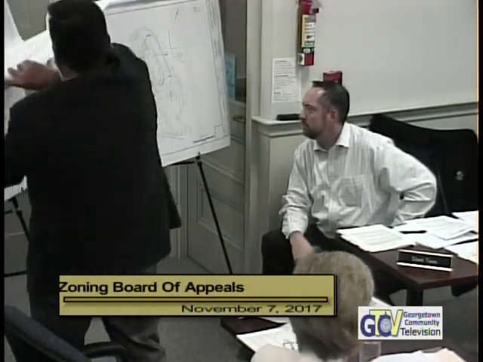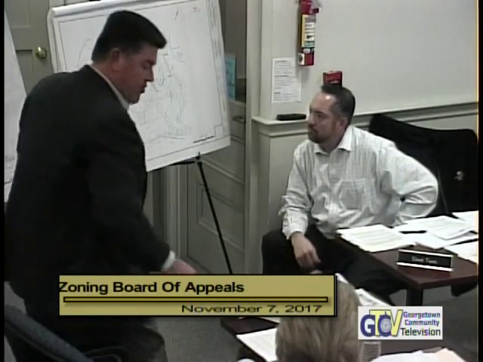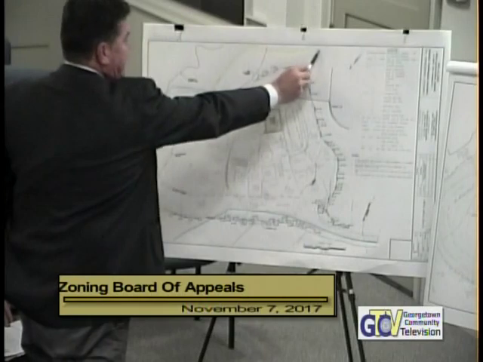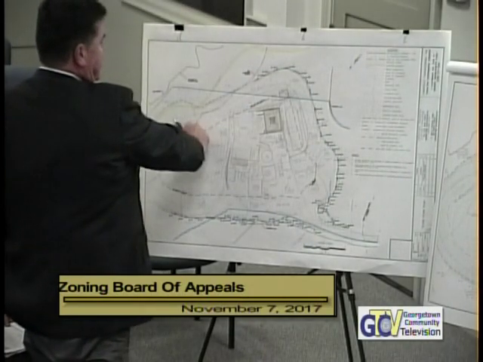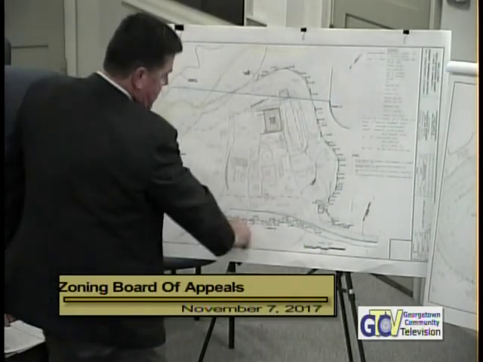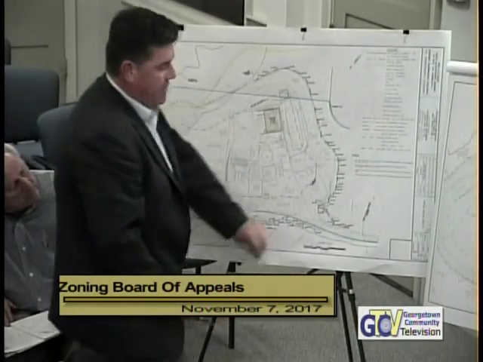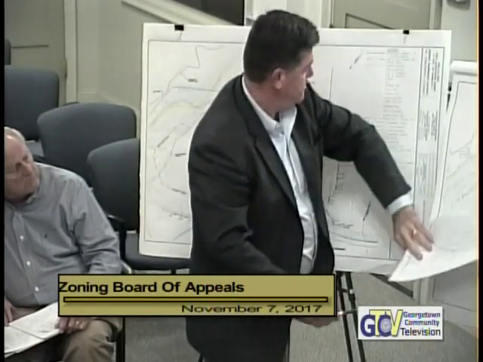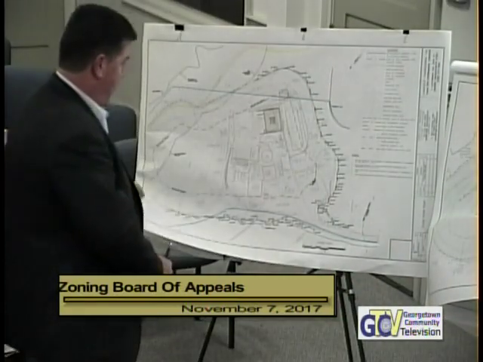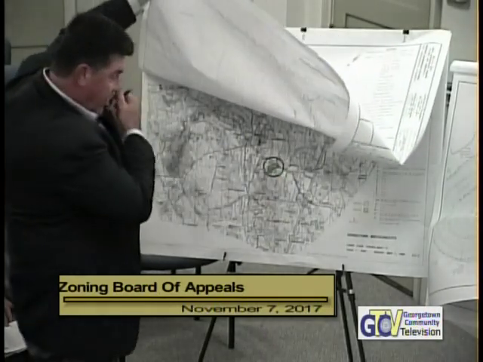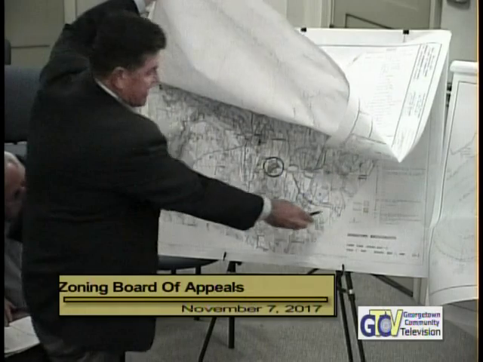So what we've done on this plan is, this is the FEMA floodplain, elevation 82. This is the limits of the town floodplain map. Notes here showing the boundaries of basically our site as being public land.